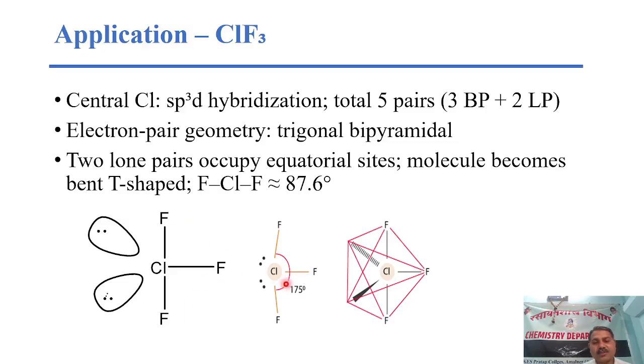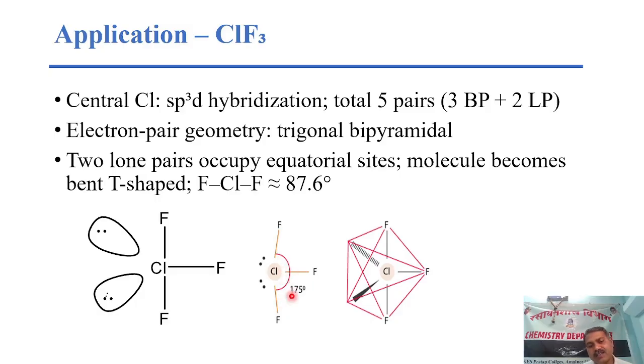So that's why the preferable position for the lone pairs is the equatorial position, and the fluorines occupy axial positions. The expected geometry of this molecule is trigonal bipyramidal, but because of the repulsion between the lone pair electrons, the fluorine atoms get distorted from this ideal shape. The expected bond angle between the 2 axial fluorines will be 180, but due to repulsion and the greater space requirement of these electron pairs, the angle gets reduced from 180 to 175, and the actual shape of this molecule is now bent T shape.